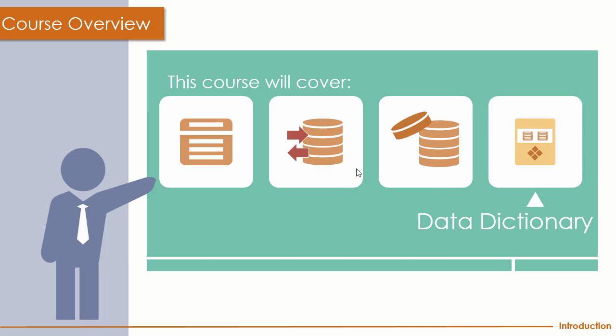Also, we will talk about the data dictionary, which generates the full detailed documentation of your database design. Then you can share it with your team members so that we can work together to deliver the information, to deliver the systems. And this is one of the reasons why we need such a database design.